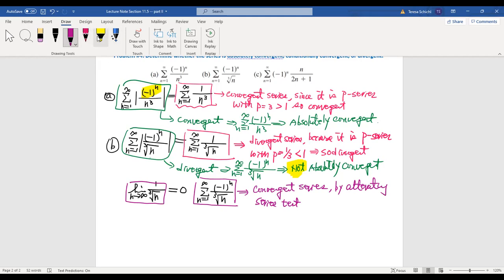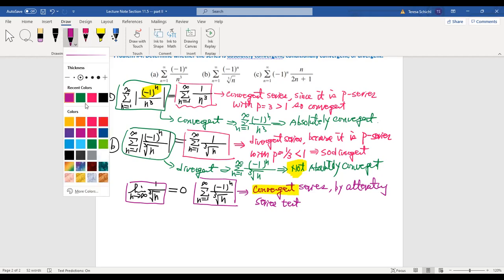All right, so now we said this one is not absolutely convergent, but it's convergent. So what is our conclusion here?